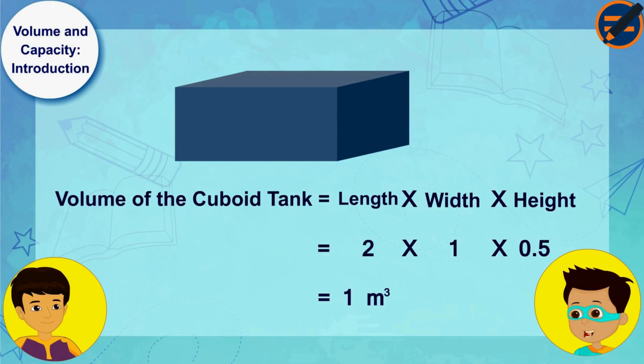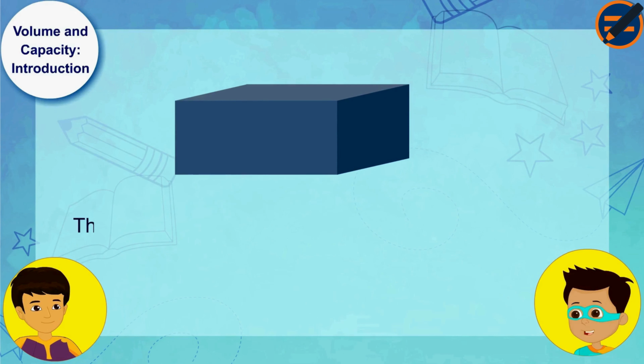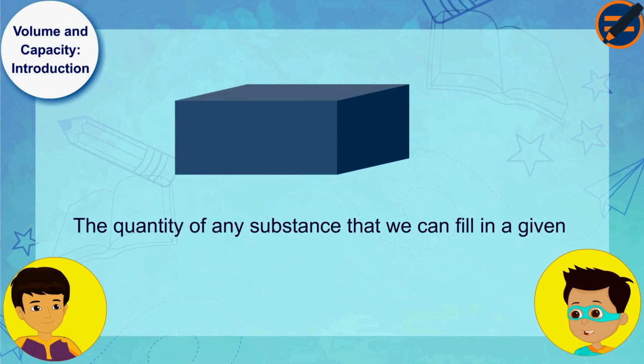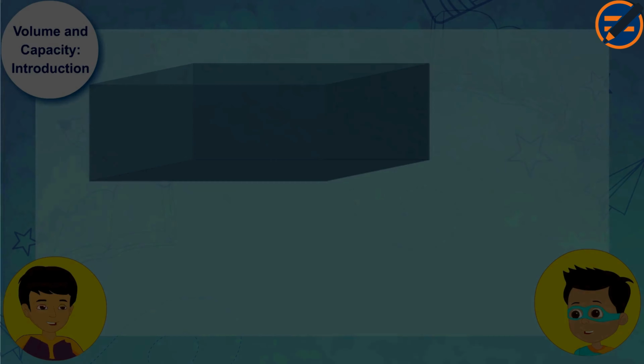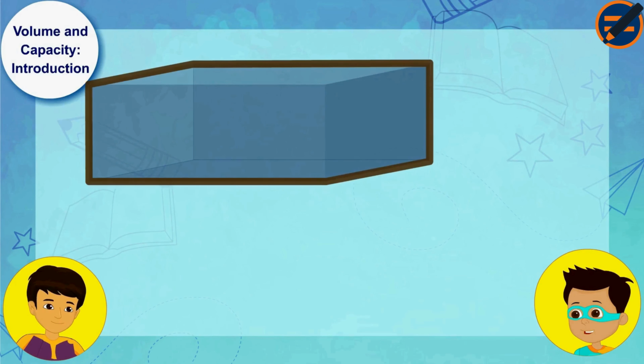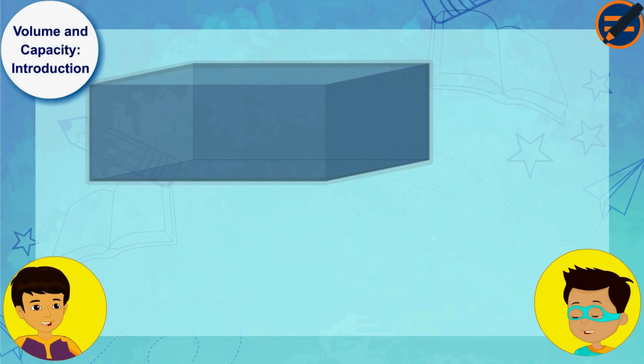Absolutely right. And do you know that the quantity of any substance that we can fill in a given vessel is called the vessel's capacity? But Thomas, the space occupied by the tank is the volume of the tank.